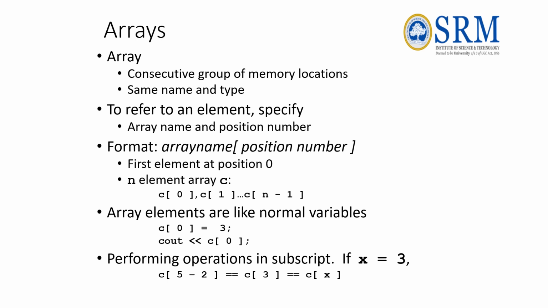If I say position 0, it specifies not only the position number but also the array name. If I say position 1, it again gives the array name. So from 0 to n minus 1, all the positions of your array elements are denoted with the array name. So the array name is very important here.